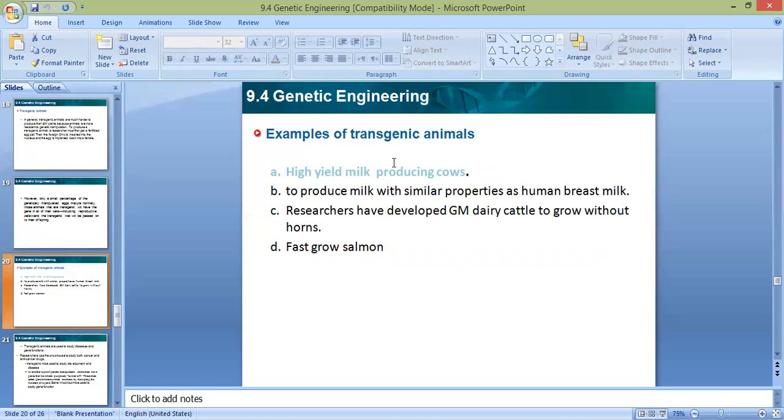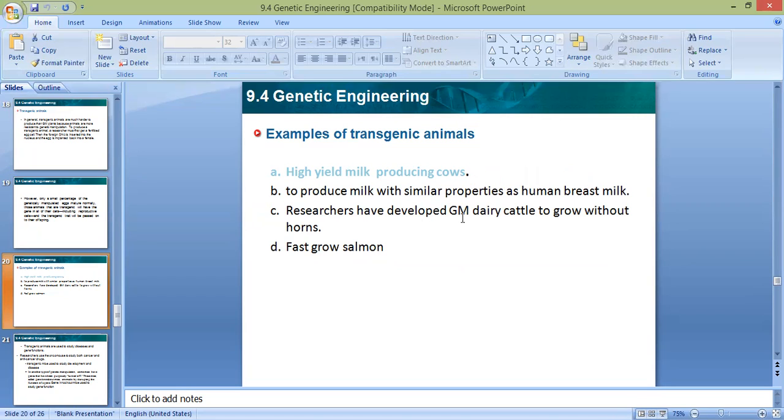Examples of transgenic animals: high yield milk producing cows. Some cows produce milk with similar properties to human breast milk. Researchers have also developed GM dairy cattle.